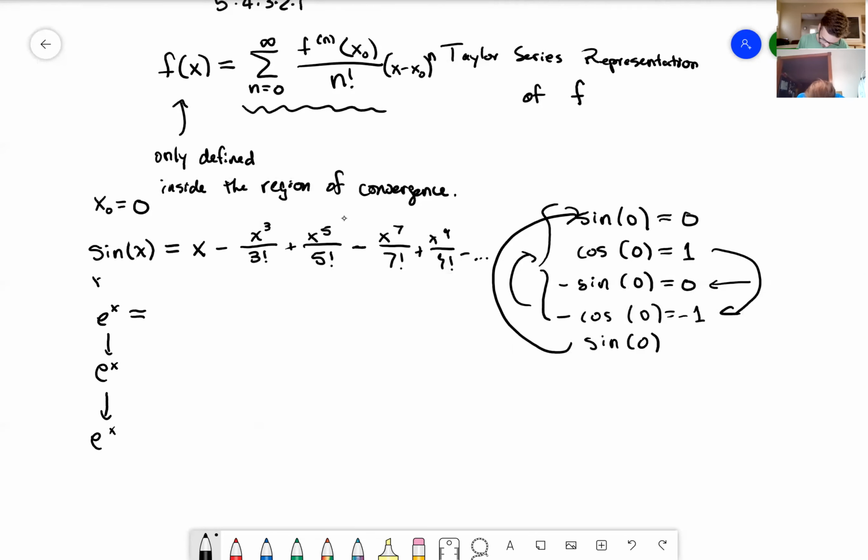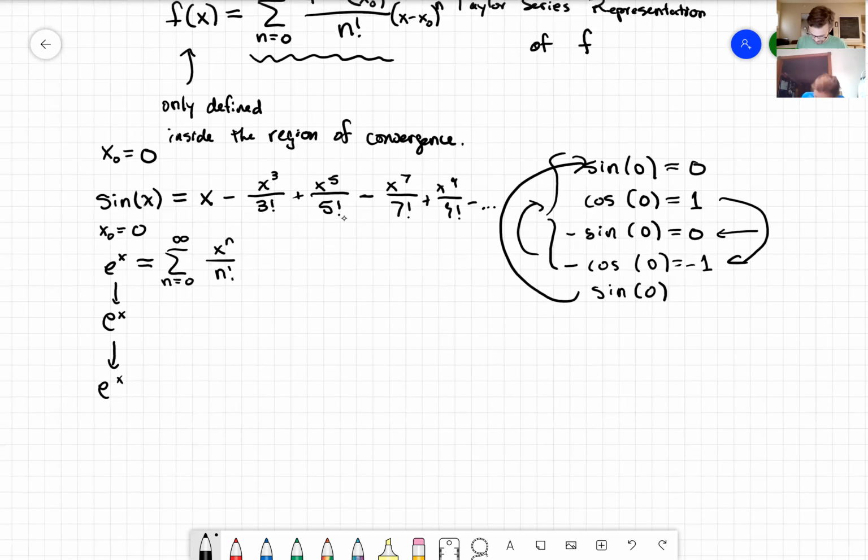So we're going to center this at 0. I should write that down. Any of the derivatives evaluated at 0 is just 1. And so we get from this that the Taylor series representation is just 1 over n factorial times x to the n. So I'll just write it as x to the n over n factorial.